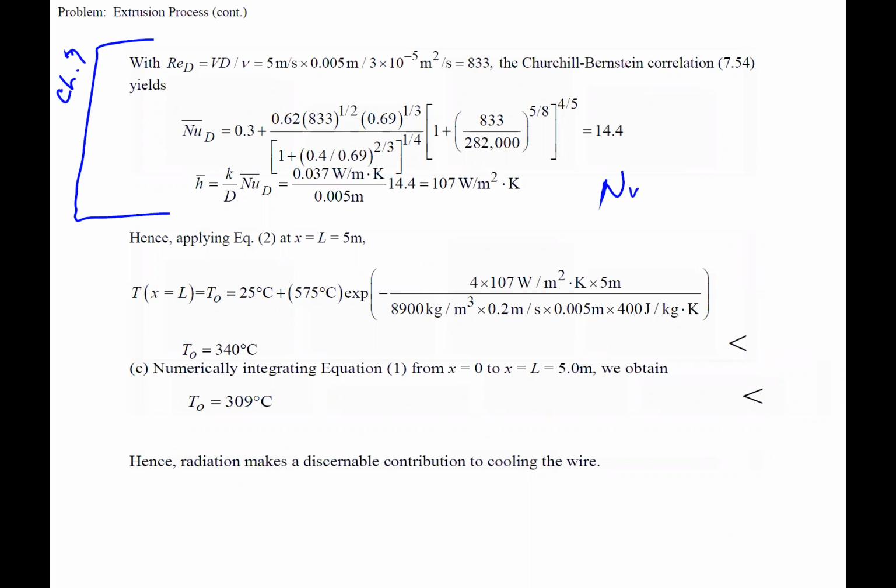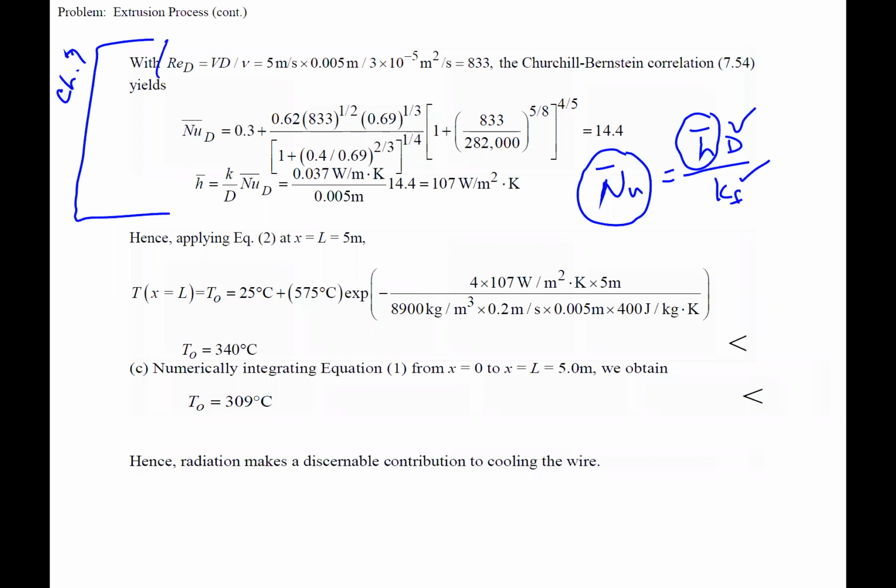We have the Nusselt number, hD over k of the fluid. That's the equation for the Nusselt number. We're looking for the convection coefficient, so we need the Nusselt number. We have the diameter, and we can get the thermal conductivity of the fluid.